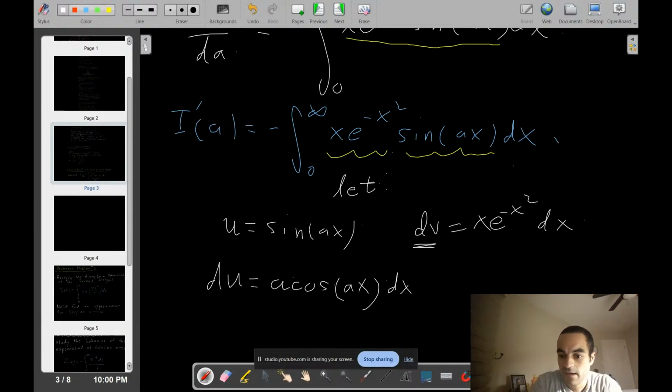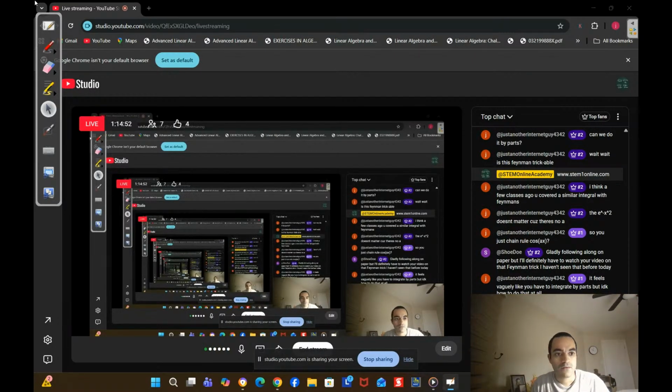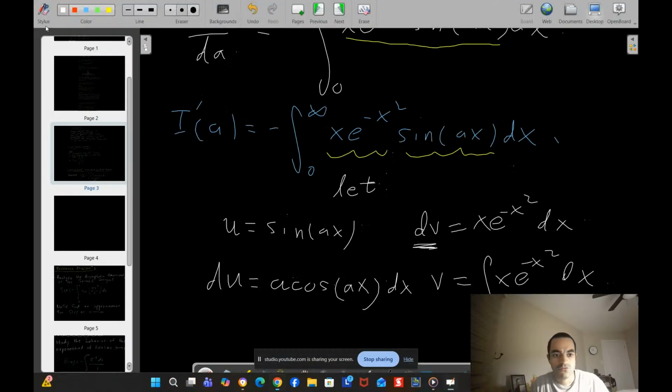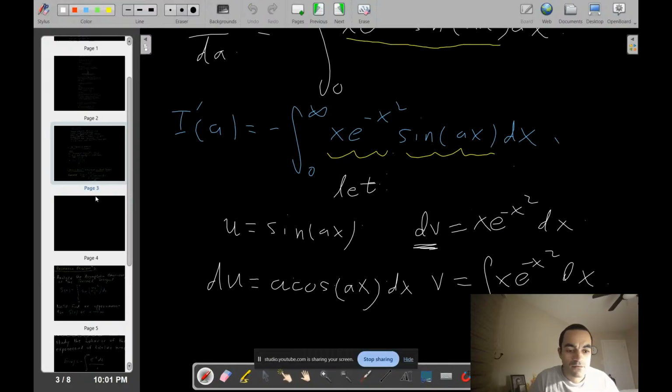And if I take my dv and find v, to find v I have to take the antiderivative, and I do that by integrating x e to the negative x squared dx. Okay, so any questions on that? Okay, it looks like there's no questions yet. So we have these here. Let's go to the next page.